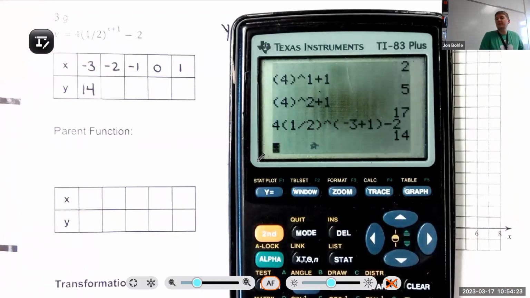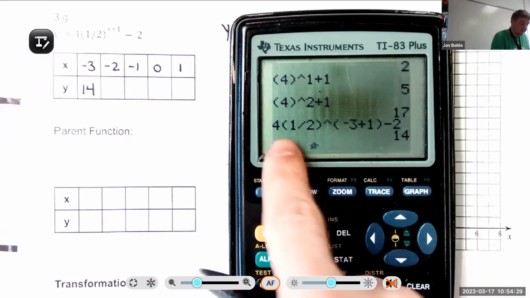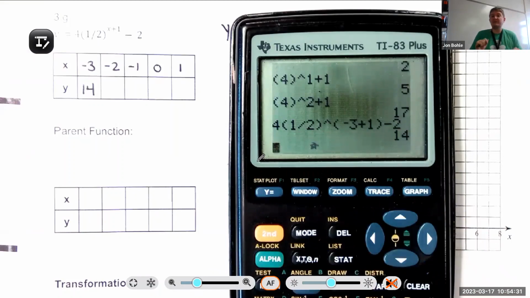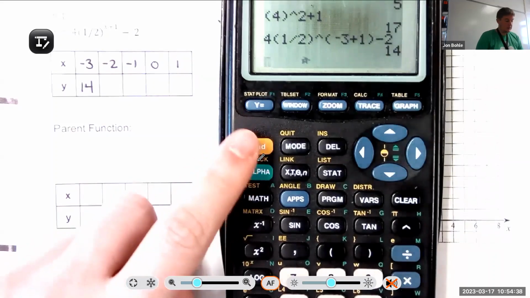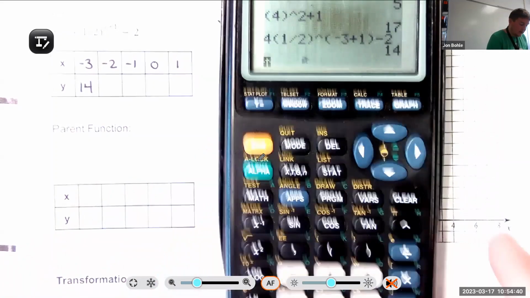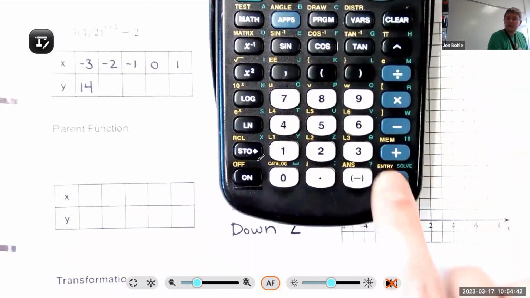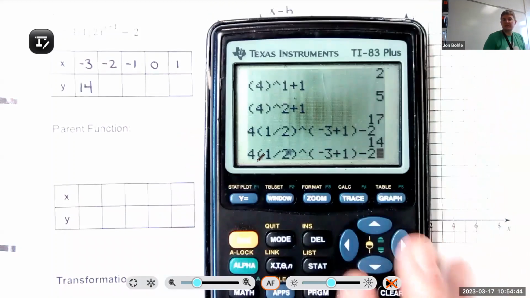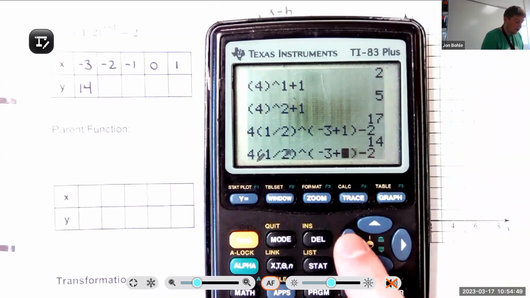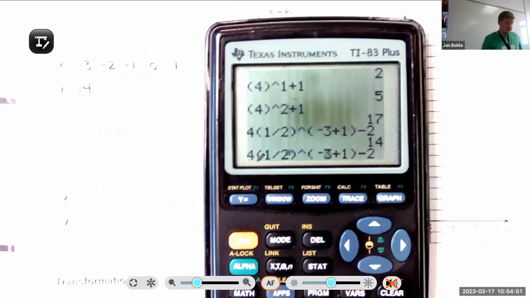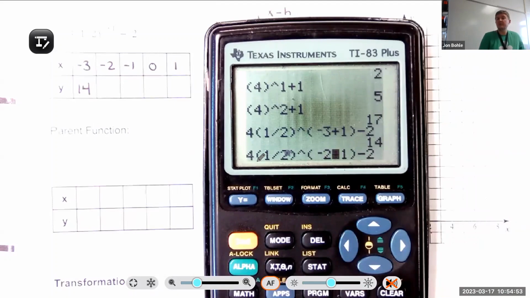All right, does everybody remember? I'm going to try to show you a trick with these calculators. Does everybody remember how to type in this again really fast without having to retype every single little thing? Okay, ready? This is what you do. You hit the yellow second button, and then you hit enter. It will retype everything that you just did. So now I can find the number I'm trying to change, that -3 into a -2, and I just type 2.